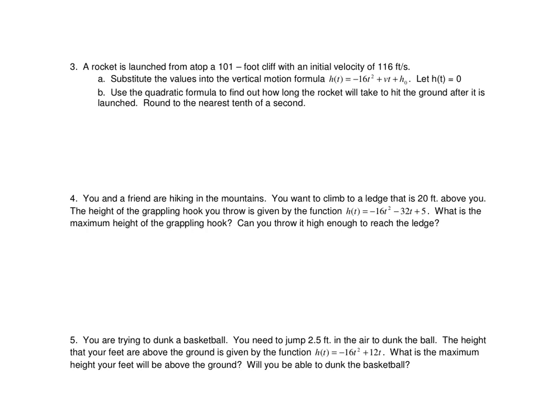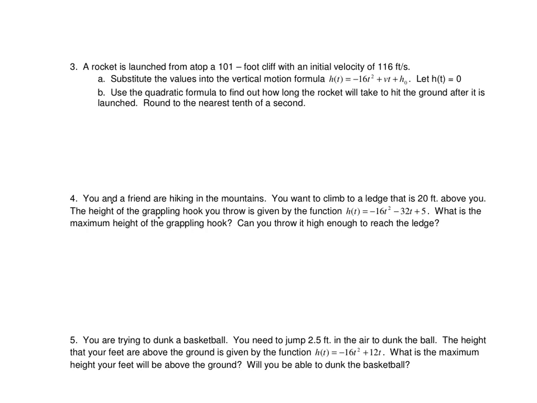The next problem we're going to look at is number 3. A rocket is launched from atop a 101-foot cliff with an initial velocity of 116 feet per second. Substitute the values into the vertical motion formula and let h(t) equal 0.